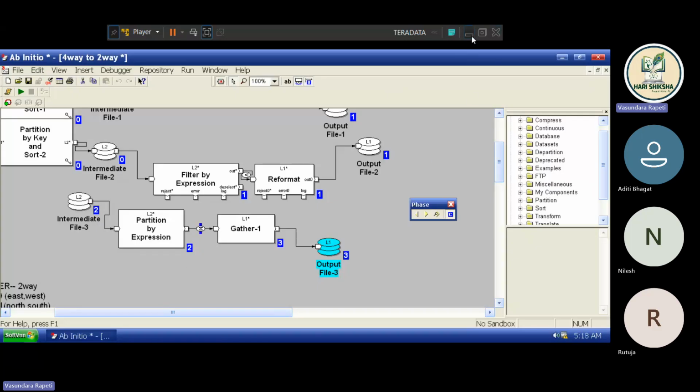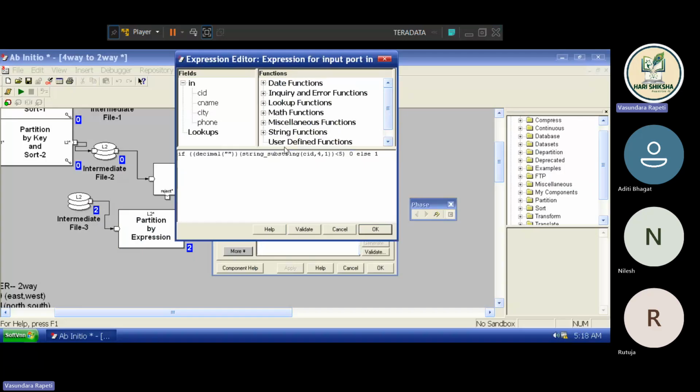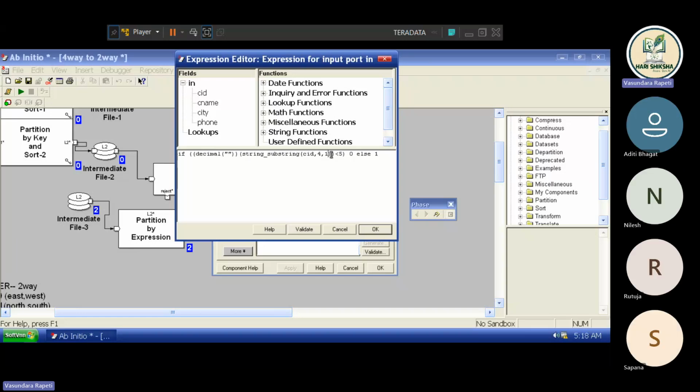Can you show the partition by expression, please, what you have written inside? The data is like C101234. I want to send it to the zeroth partition, and I don't have any other way, so I tried to cut the last value, the fourth value, so that it should be less than 5.